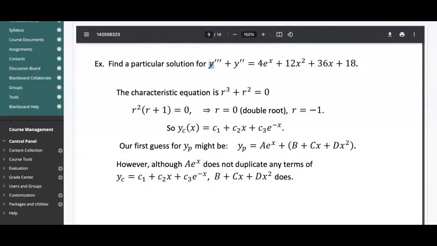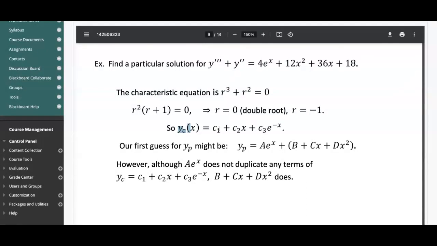So we want to find a particular solution for this: third derivative, second derivative, and f of x is a polynomial of degree 2 plus e to the x. We want to find a complementary solution first. Thinking this one to be 0, we form a characteristic equation and factor it, and we get a double root at 0 and a root at negative 1.